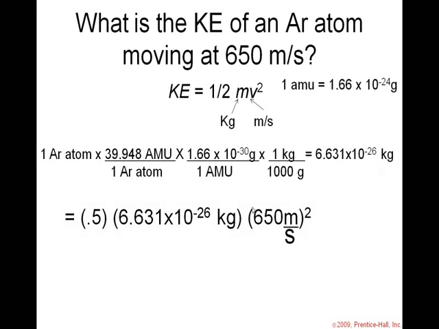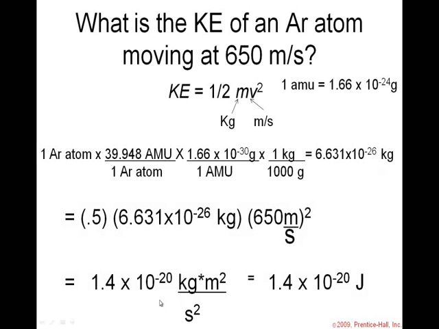And then if I plug it into the formula, 1/2, which is 0.5, my mass is, I just calculated, and my speed was given to me, and my velocity, 650 meters over seconds, and this whole thing gets squared. And when I do that, I end up with 1.4 times 10 to the minus 20 kilograms times meter squared over second squared, which is the same as 1.4 times 10 to the minus 20th joules. So not very much energy, but of course we're talking about a little tiny baby atom.